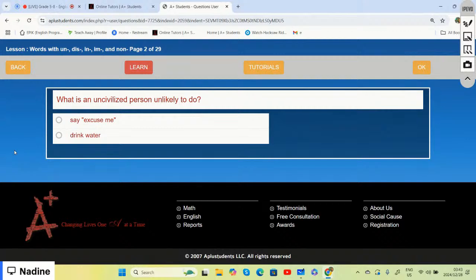Which one is correct? So an uncivilized person is unlikely to do option one or option two.